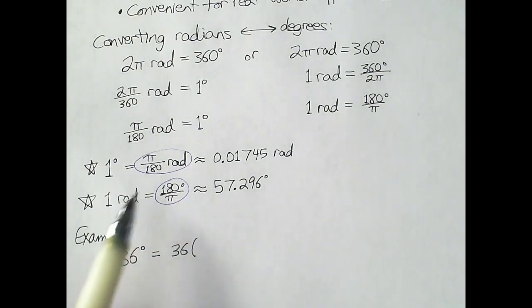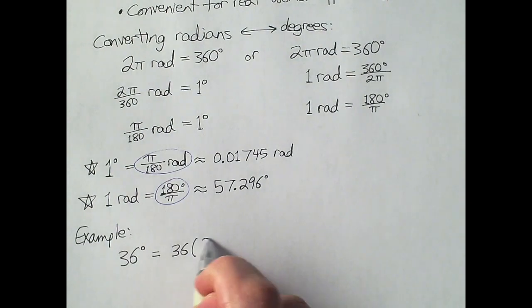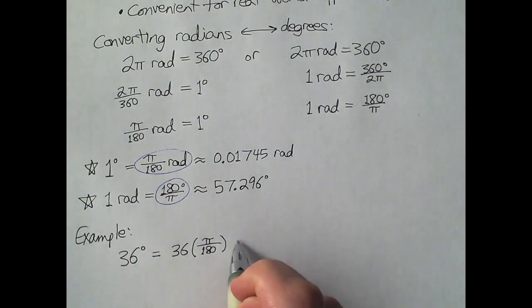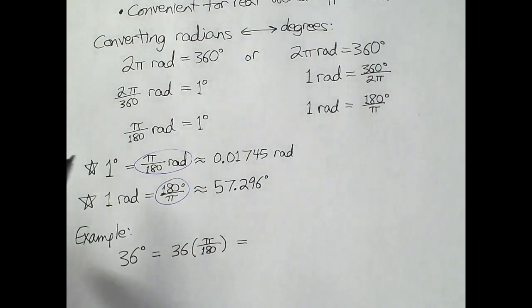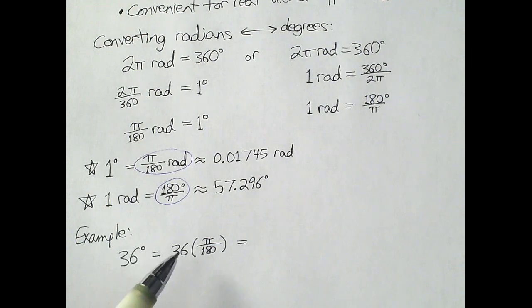It's one of these two. To go from degrees to radians, we multiply by pi over 180. Because 1 degree has this many radians, so 36 degrees has 36 times this.